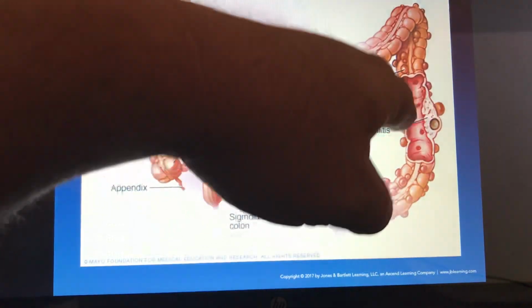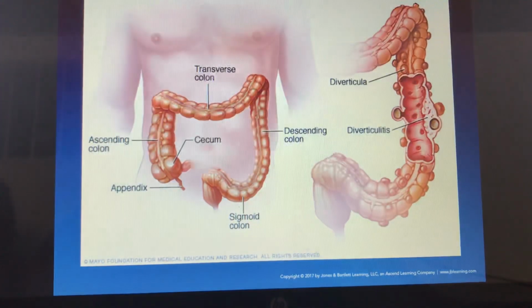You've got little pockets or outcroppings. As long as nothing gets caught in there, like any fecal material or anything that's undigested, like corn, that blocks fecal material in there so it's not moving, it's okay.